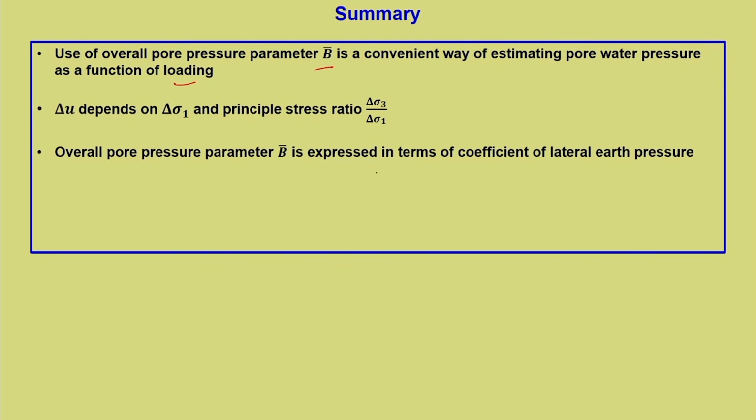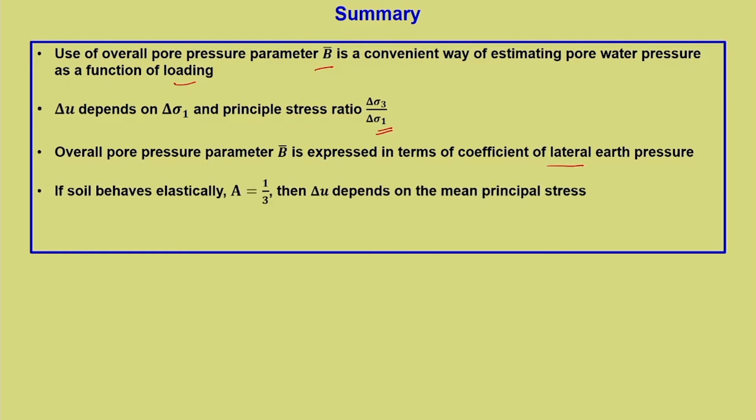B bar is expressed in terms of the coefficient of lateral earth pressure. If soil behaves elastically, A is equal to 1 by 3, then delta u will depend only on the mean principal stress. For A not equal to 1 by 3, the deviatoric stress part has a significant influence on delta u.